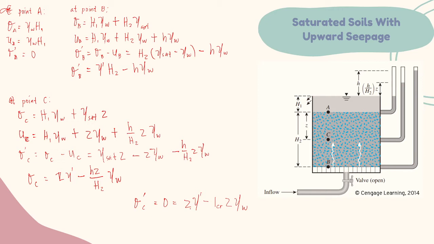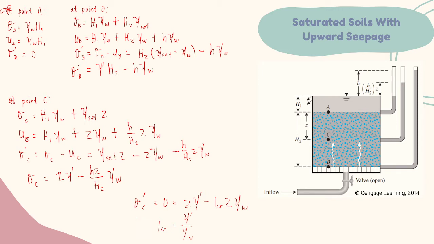So when this is 0, we can get the critical hydraulic gradient as the buoyant, or the effective unit weight, all over the unit weight of water.